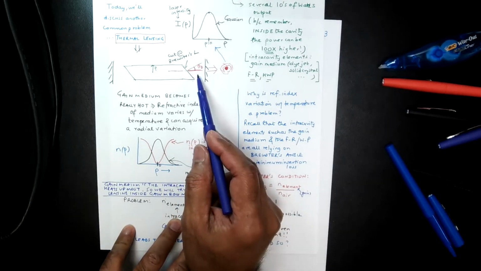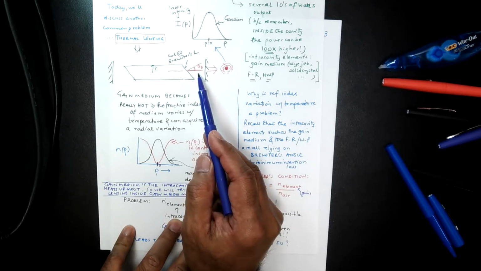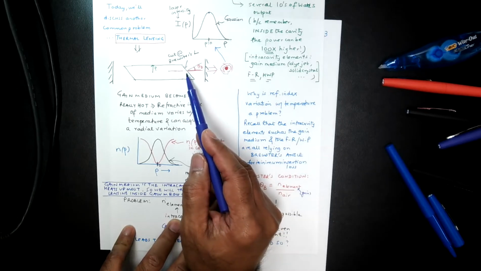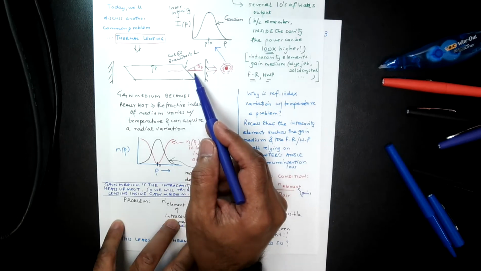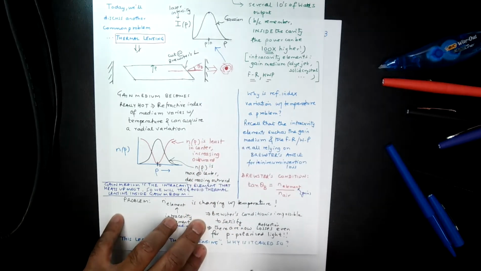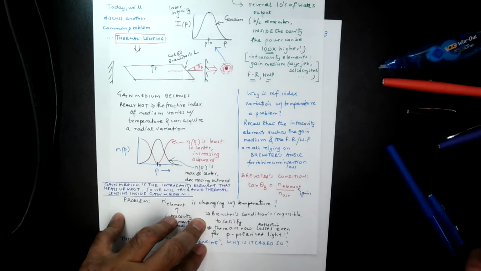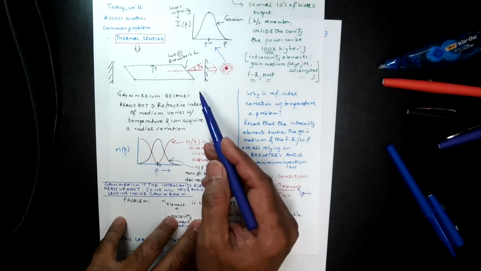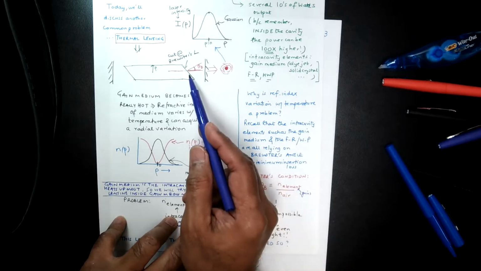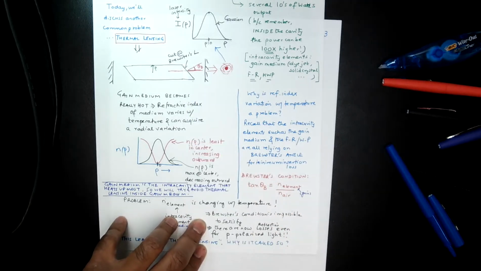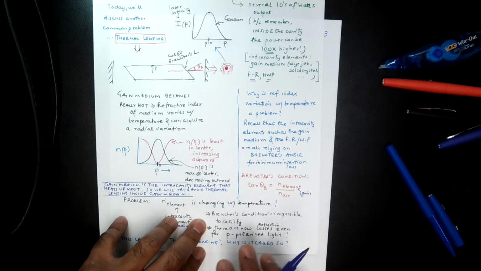And so now you actually are getting reflections. Your polarization is not just P anymore. There are losses in both the S and the P polarizations. All right, and so that's a problem.